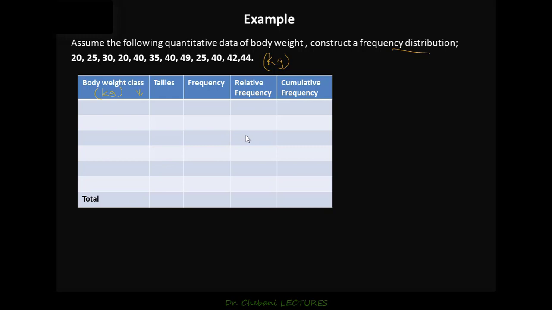Okay, so let us start first of all by determining the classes. How many classes are we going to have? I've already predetermined the classes here. We are going to have 6 classes.